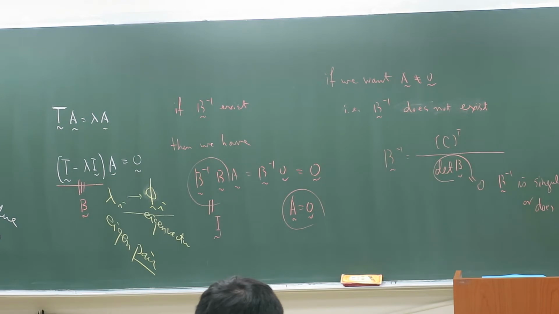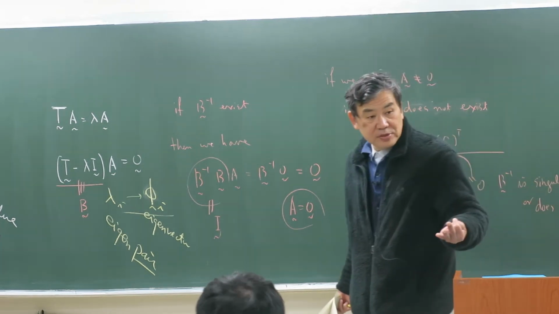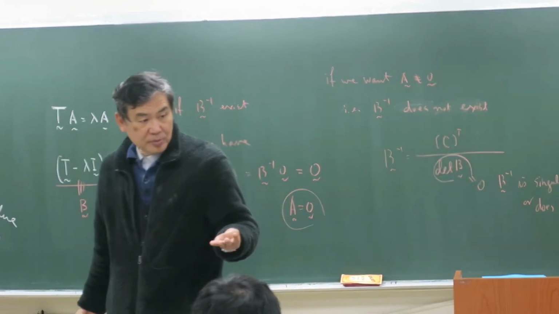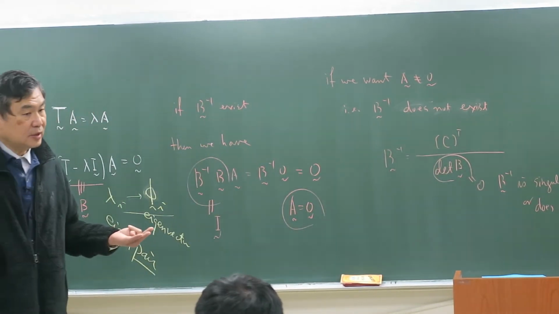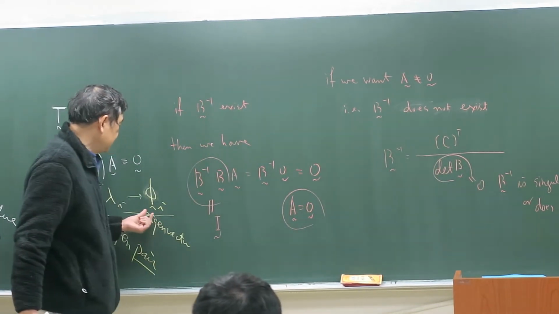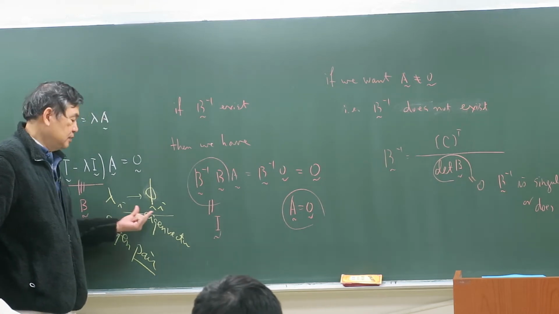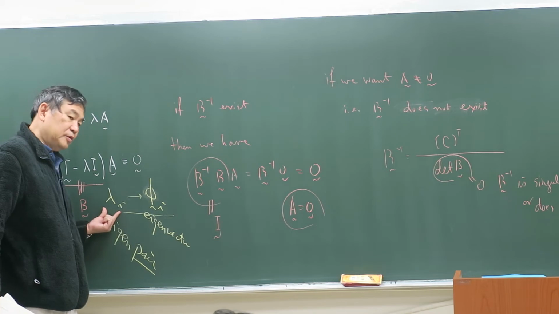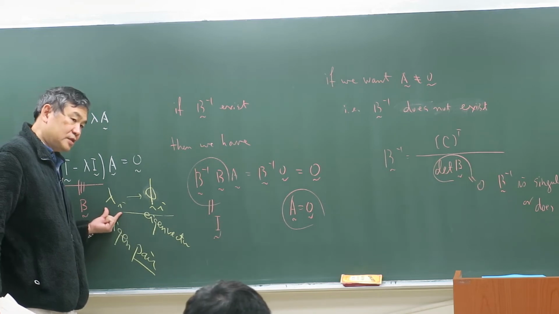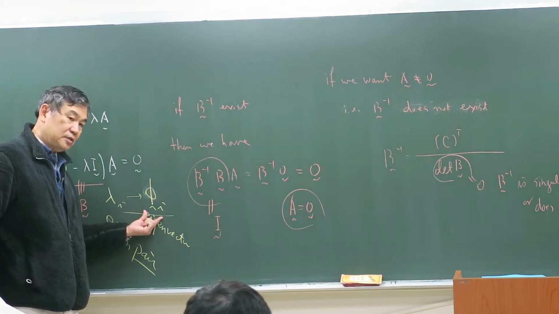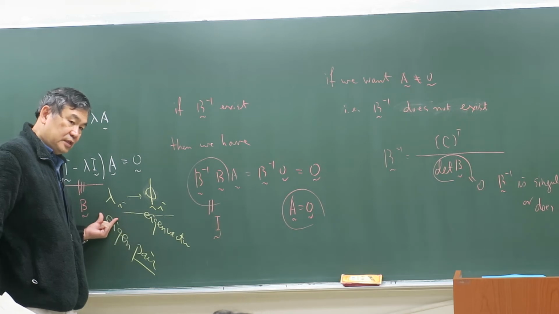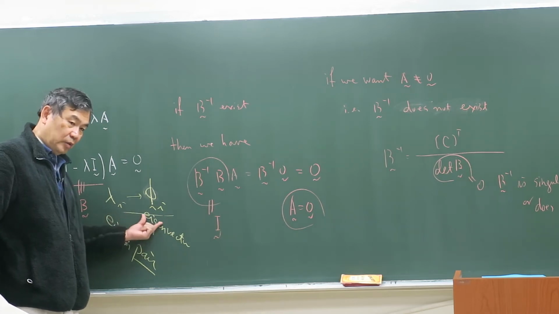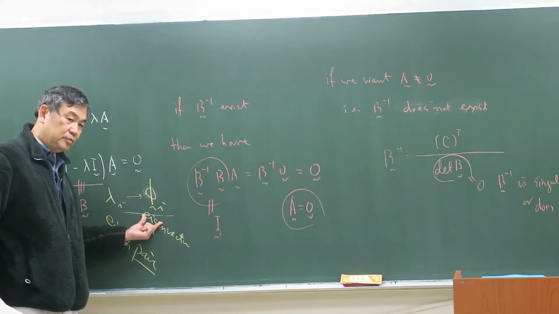So buckling load, principal value, natural frequency, vibration mode, natural mode. Okay. So for a buckling problem, there's a buckling load. There's a buckling mode. Okay. For principal value, principal stress, principal direction, natural frequency, mode, natural mode 1, mode 2, mode 3.